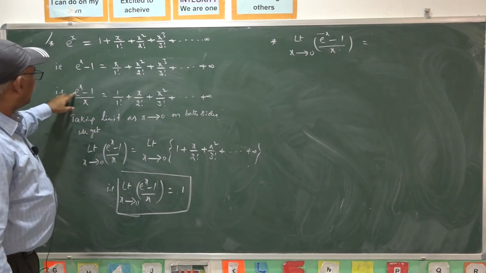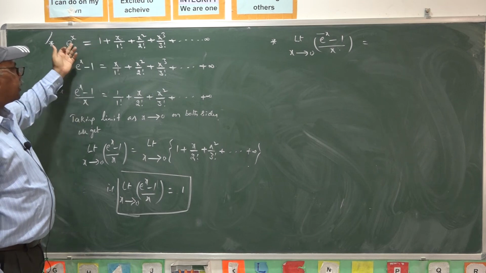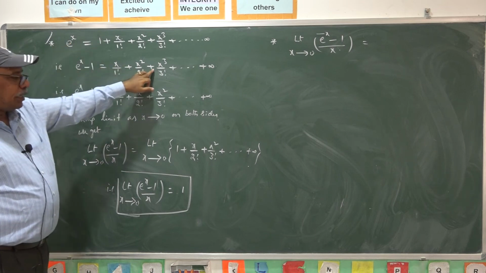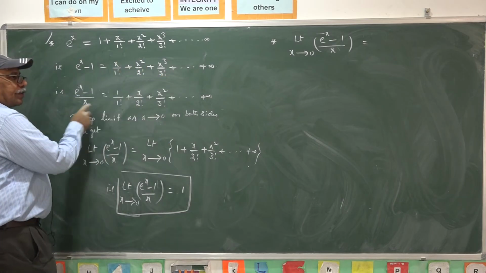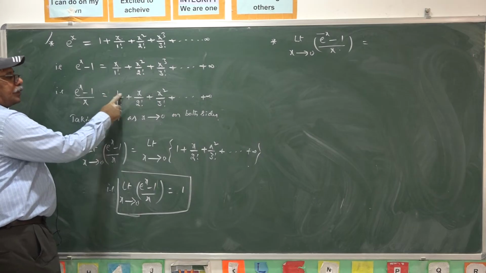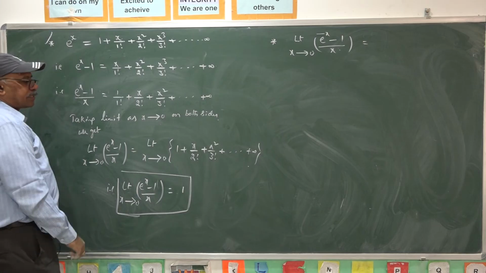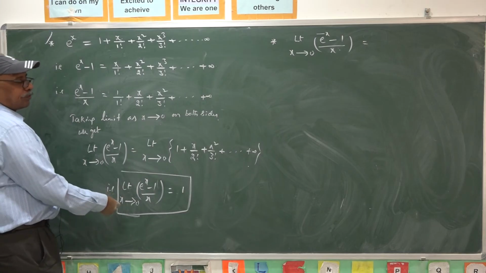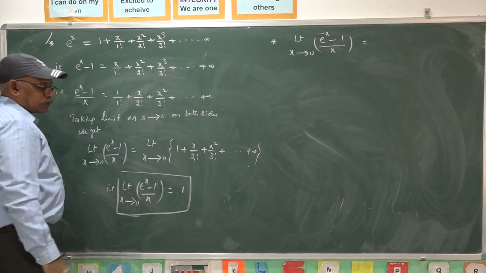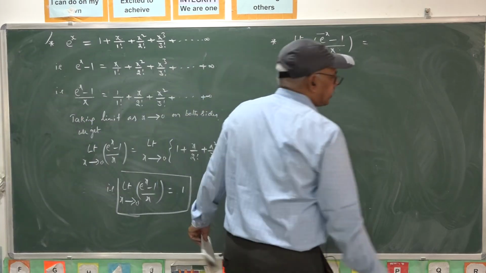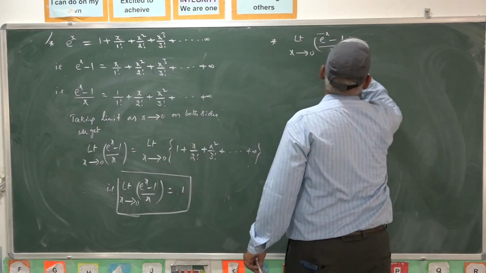So that (e power minus x minus 1) by x, by taking this one to this side, we get here minus, alternatively minus plus minus plus like that. Dividing with x, we get minus 1 here. The remaining terms are alternatively plus minus. As x goes to 0, the remaining terms go to 0 except the first term, minus 1. So the required limit is minus 1.